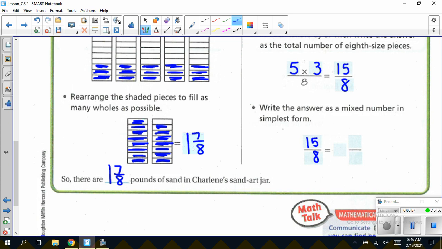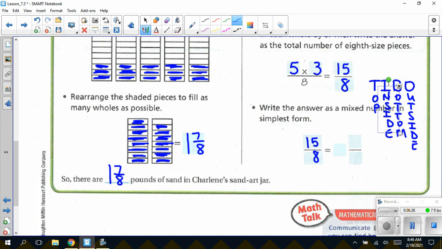Now if you recall, we did use our little saying called TIBO. And if you remember, that means top number inside. So that means the numerator is on the inside of our division bar. And then bottom number, which is the denominator, outside. So that's on the outside of the division bar.